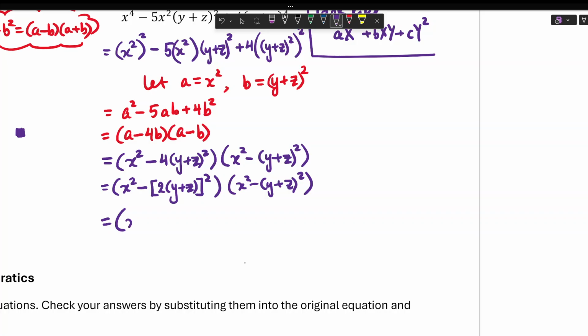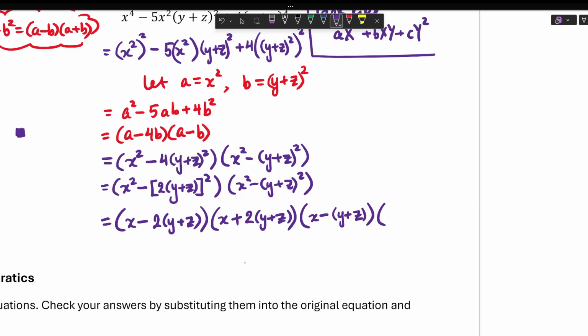So the first one's going to be x minus 2 times y plus z. And then we have the plus instead, x plus 2 times y plus z. The second factor is going to become x minus y plus z, and then x plus y plus z.